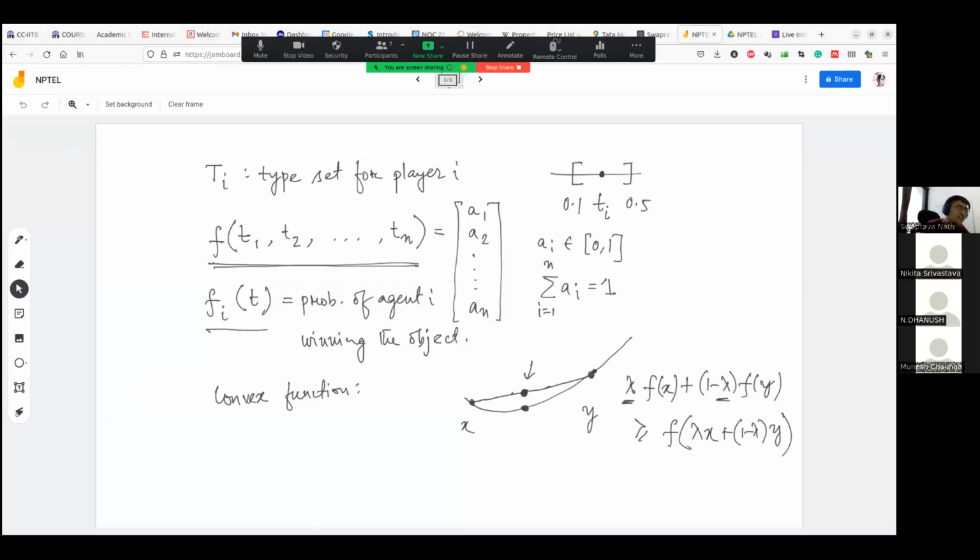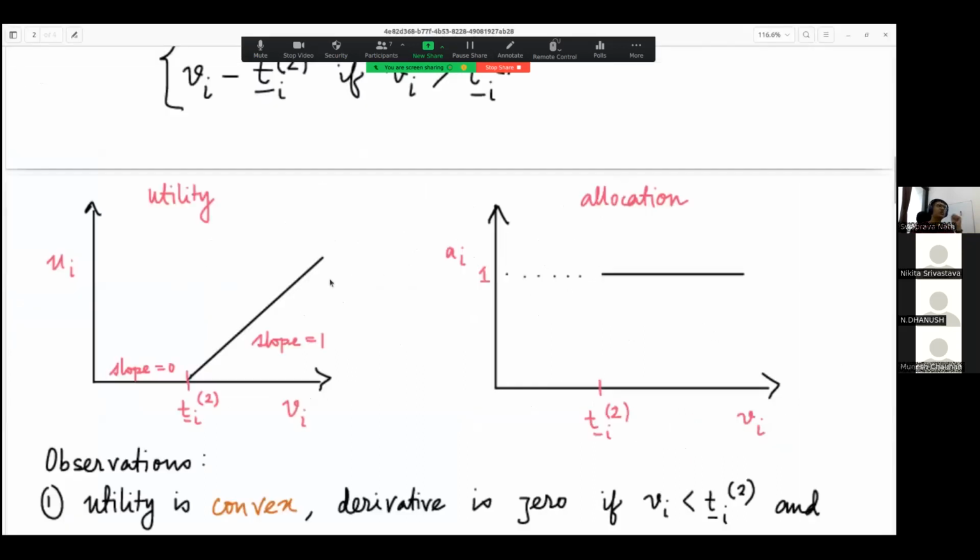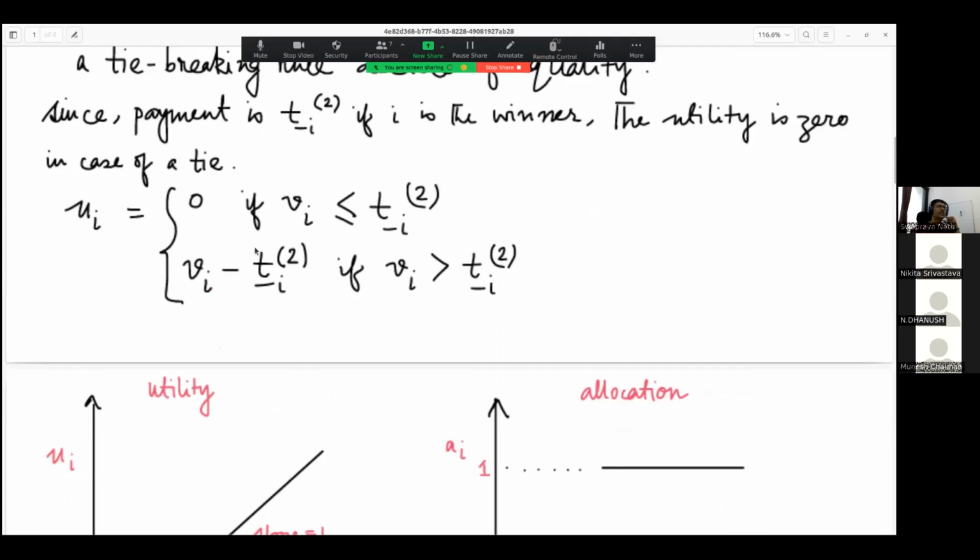Okay, so this is the convex function. What we actually see is that whenever we are looking at this kind of function, the utility of this agent, for every agent, is going to be a convex function in terms of its own valuation. Why? Because for all the cases where the valuation is less than t minus I2, a specific value, it is going to be 0.